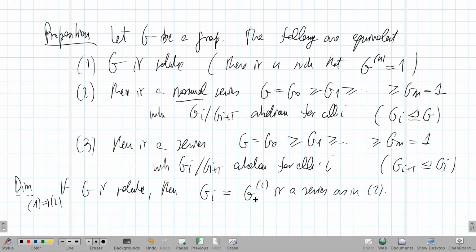So the idea is the following. Let's prove that this is a normal series, really. So we have to prove that all these are normal in G. And this is important. Remember, let's use a neutral letter, let H be a group.